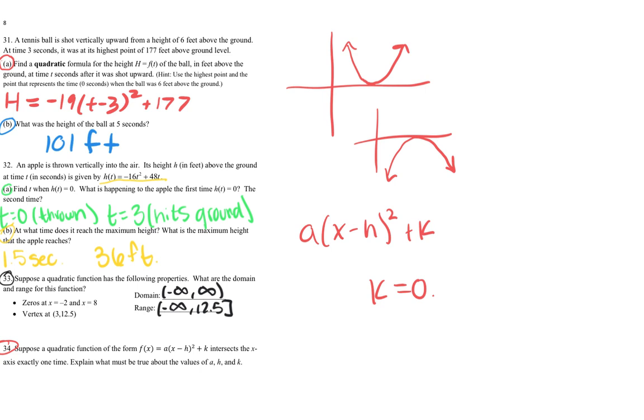Our h and our a values could be any values, right? Those don't really matter. So our a and our h can be any value, but our k value has to be 0. So a and h, any value, k equals 0.